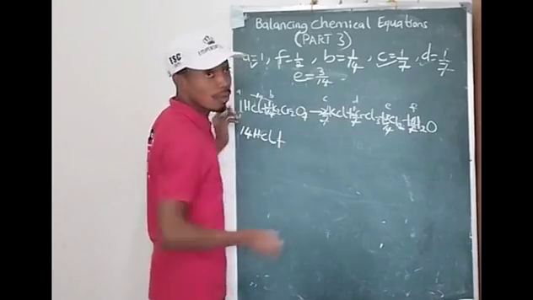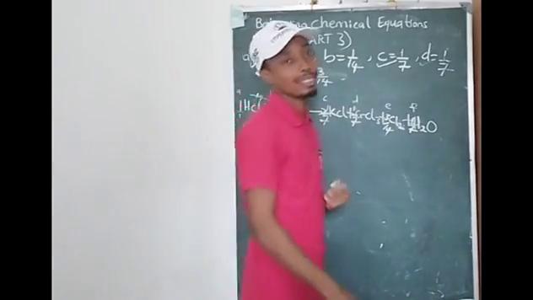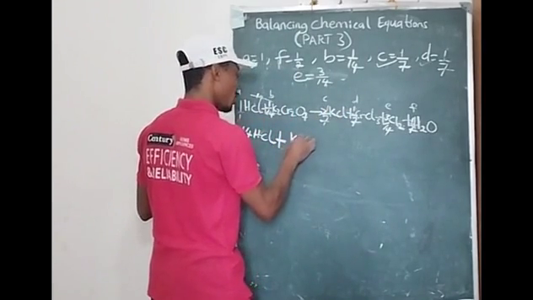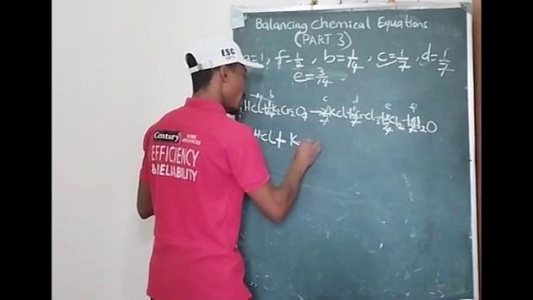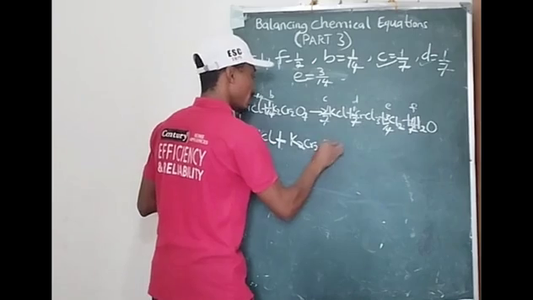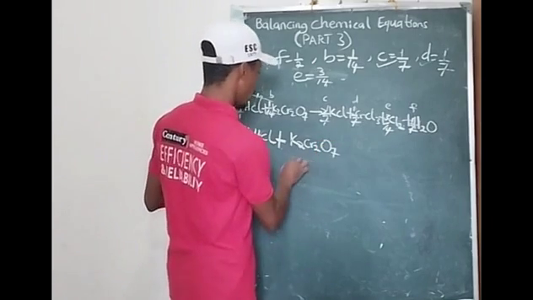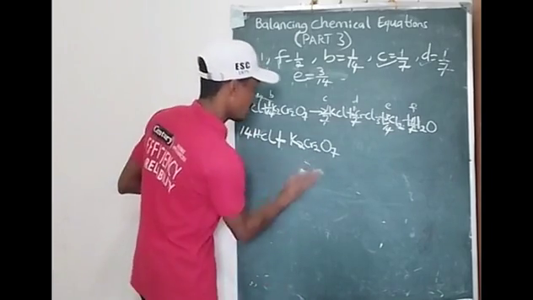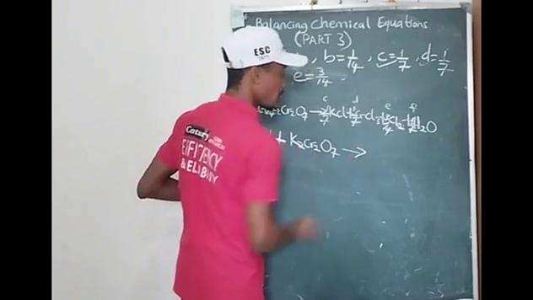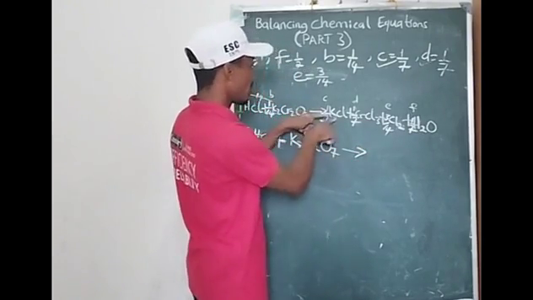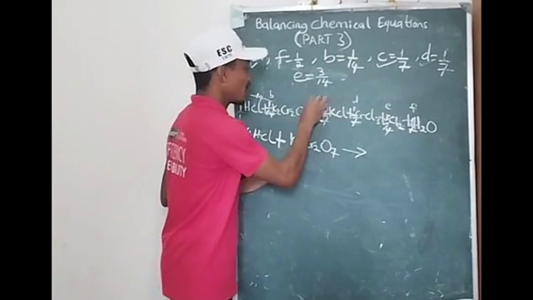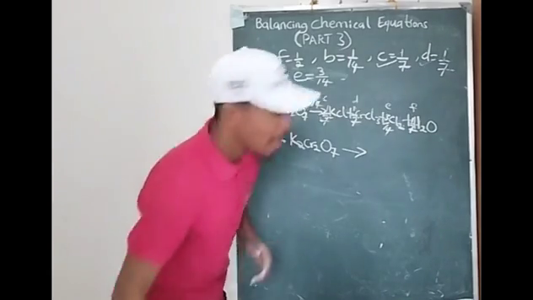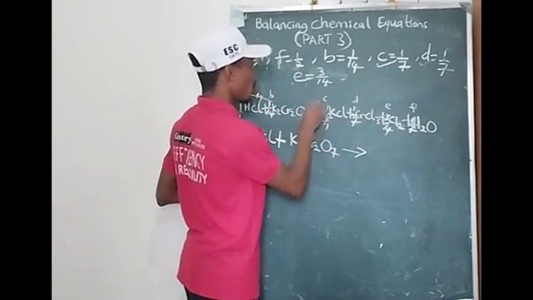So what I will have left would be 1 K2Cr2O7. That's 1 mole of potassium heptaoxodichromate 6. Now the products. The product, potassium chloride, I multiply by 14, so 7 goes here, 2.